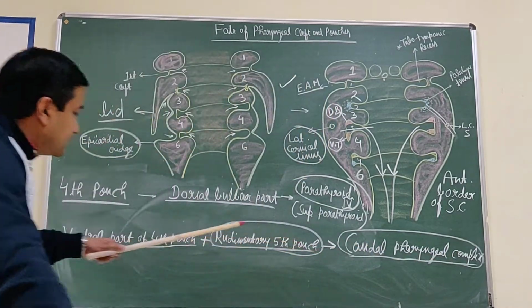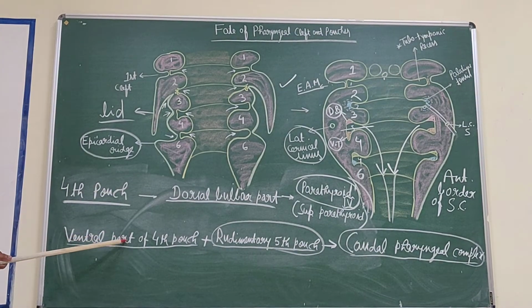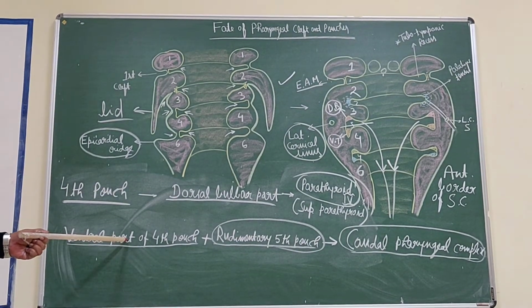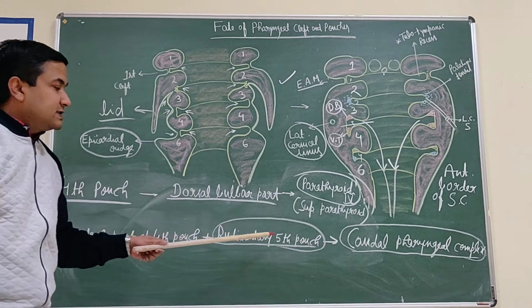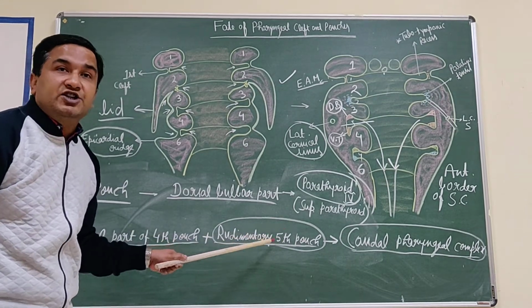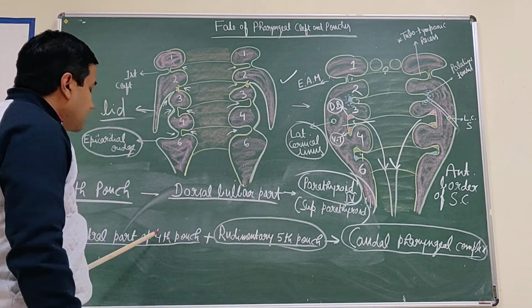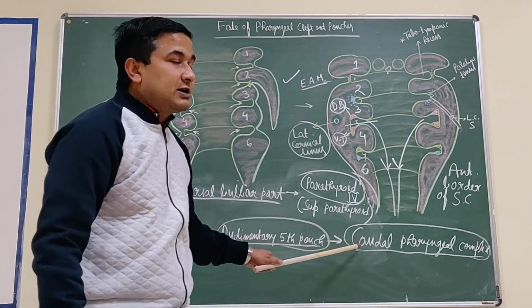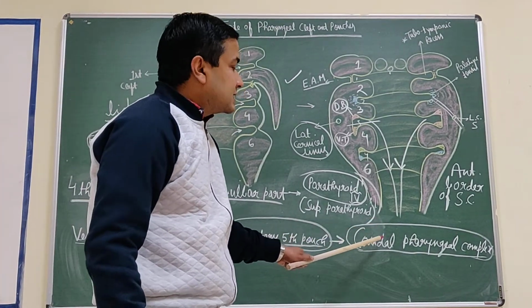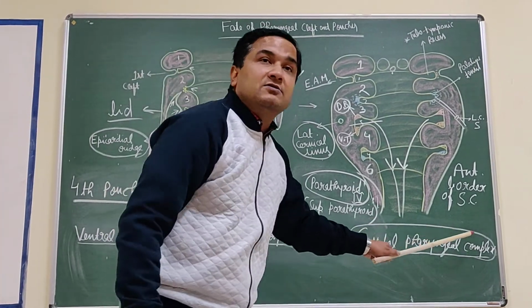It is formed by the ventral part of the fourth pouch along with, if it is present, the rudimentary fifth pouch. Both structures form a complex known as the caudal pharyngeal complex.